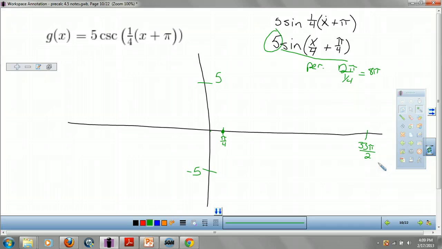I got that by taking 8 pi and adding pi over 4. 8 pi is our period. Okay, cut that in half. This one's a shortcut. It's 33 pi over 8.